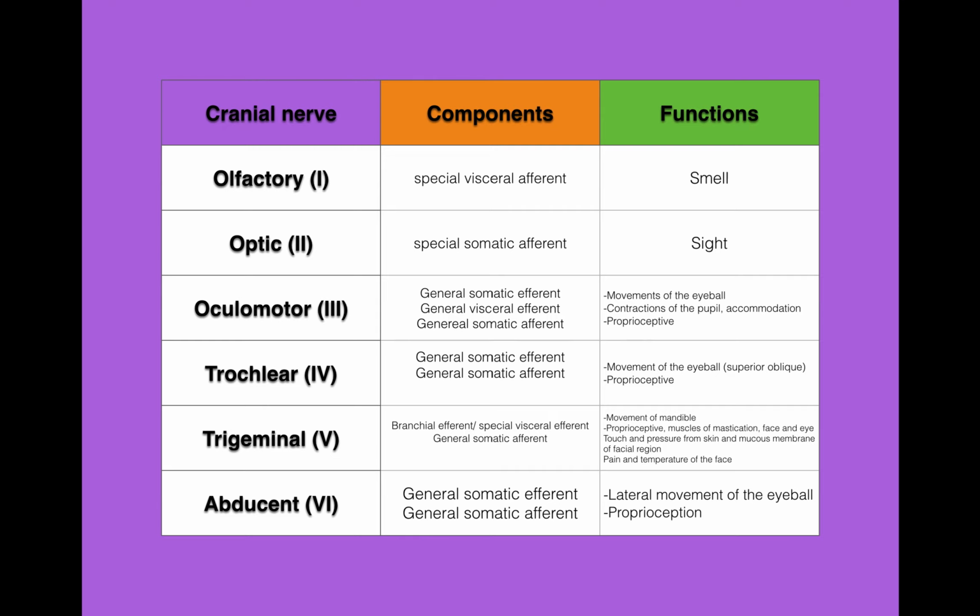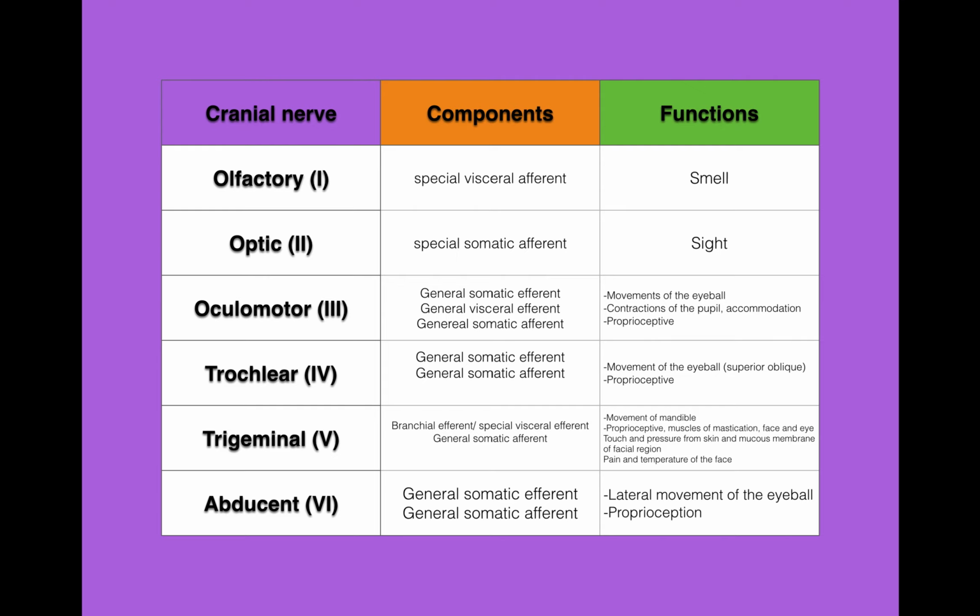And then we have the trochlear nerve, which has the general somatic efferent and the general somatic afferent components, and it helps in the movement of the eyeball and also proprioception. And then we have the trigeminal nerve, which has the branchial efferent and the general somatic afferent components, and the functions are movement of the mandible, proprioception, touch and pressure, pain and temperature of the face.